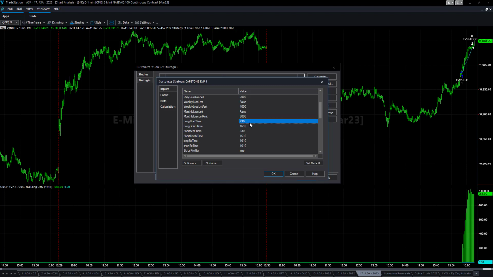And so start time 9:30 to 16:10, exit at 16:10. Just basically trade all day. There is no window that we're focusing on. And the stop loss, this was initially set to $1,000. We initially had a $1,000 stop loss, and then we also had a $2,000 trailing stop loss, and I set that to false.